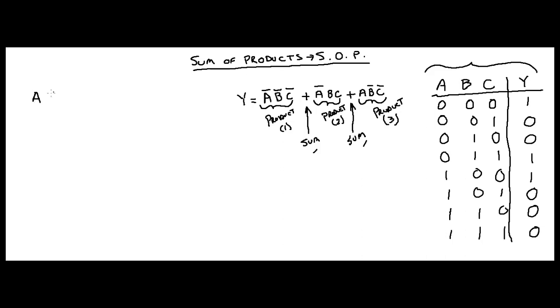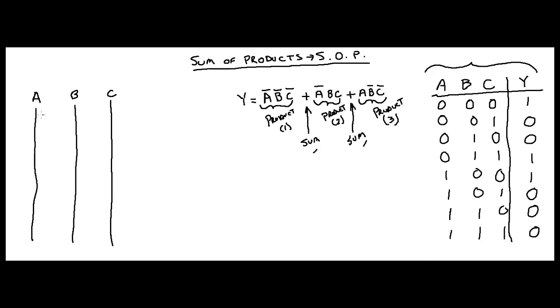Here's A. Here's B. And here's C. Now, we're going to branch off of A. We're going to come down through an inverter.